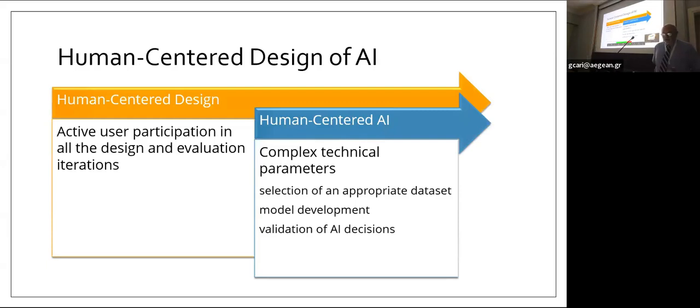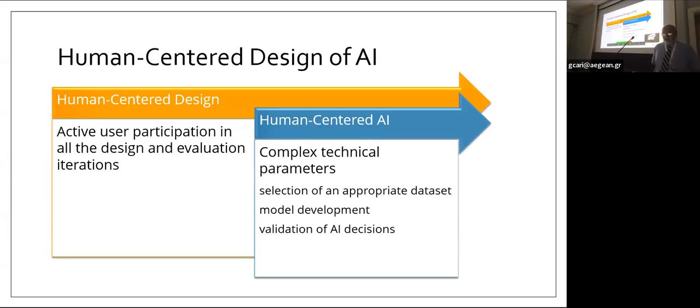I already mentioned the need for end-user involvement in the design of digital systems. The next step we should now consider is human-centered AI design for all, corresponding to the concept of design for all that we introduced three decades ago.